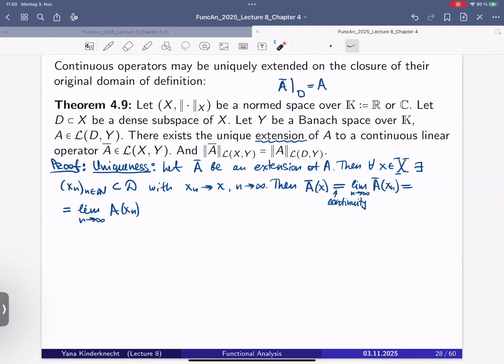One can show that this value does not depend on the approximating sequence xn, and hence this gives us the uniqueness. So A bar is unique by properties of limit.